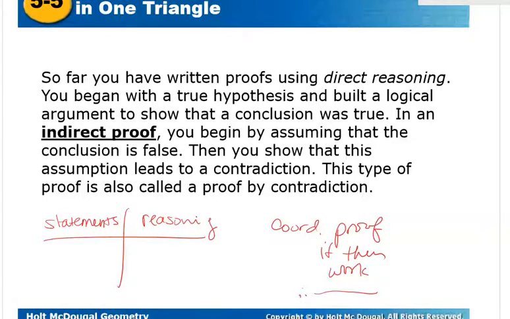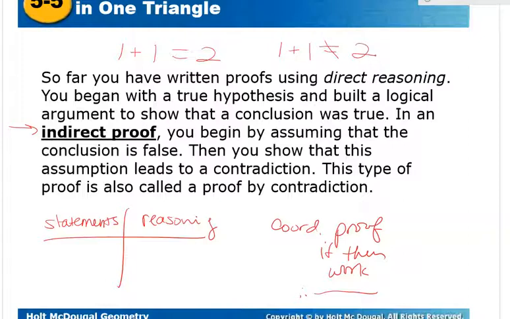So in an indirect proof, I'm reading right here, you begin by assuming that the conclusion is false. You kind of assume the opposite. So if I were to say that 1 plus 1 equals 2, an indirect proof would take that and assume the opposite and see if it's true. The opposite of 1 plus 1 equals 2 is 1 plus 1 does not equal 2.